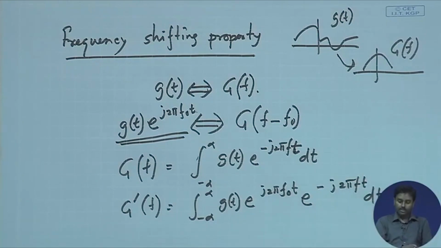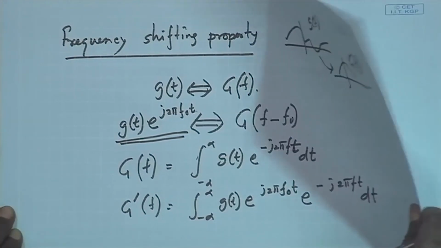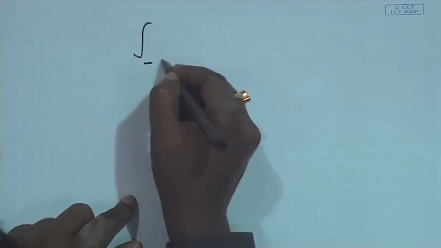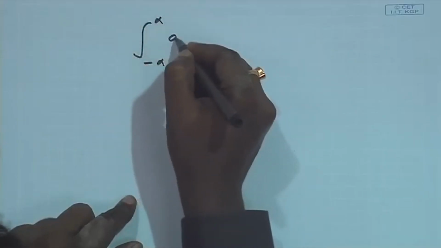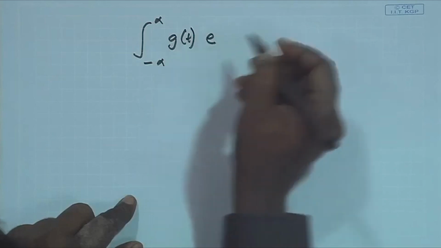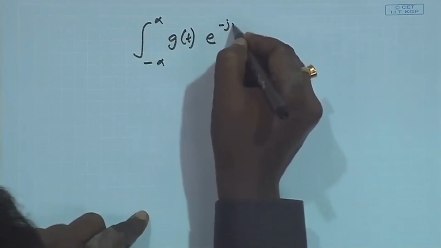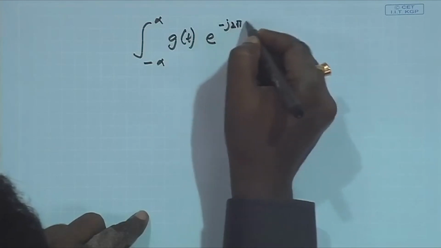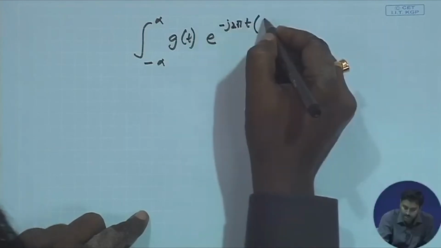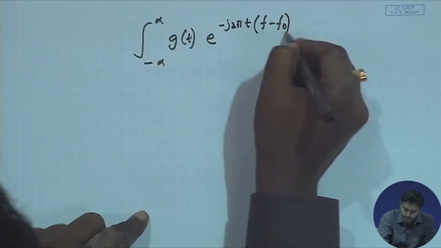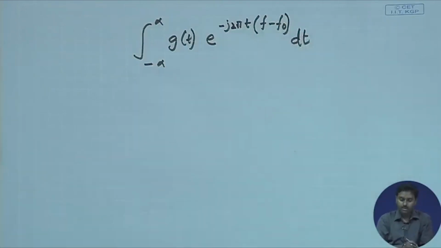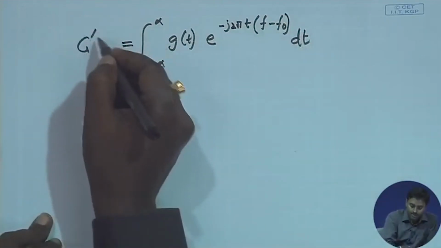So, that should be the Fourier transform. Let us try to evaluate this. So, integral from minus infinity to plus infinity g(t) e to the power, if I take just this minus j 2 pi t common, so we get (f minus f0) dt, right. So, that is my G dash f.